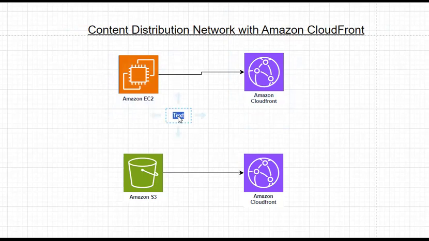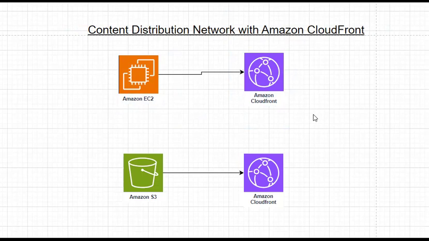If you create your CloudFront distribution, then the data present in your server will be cached in your edge locations. In every region, edge locations create a cache memory where your data will be cached.